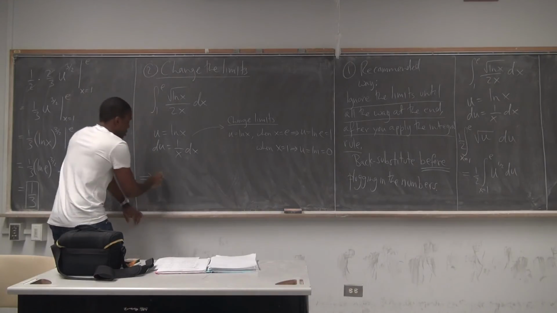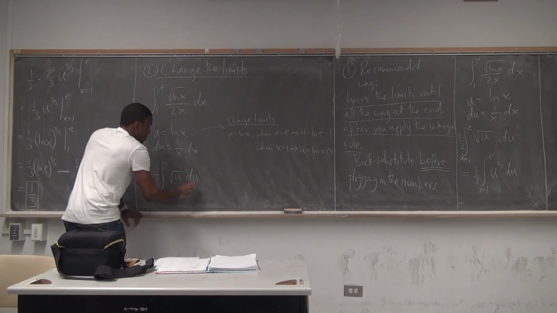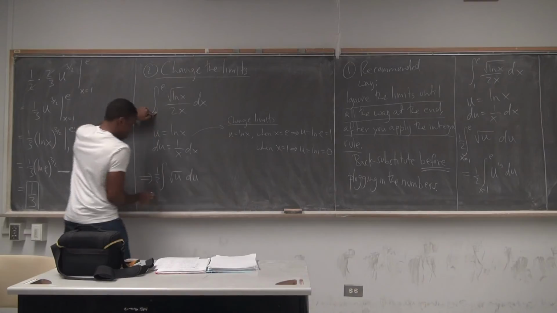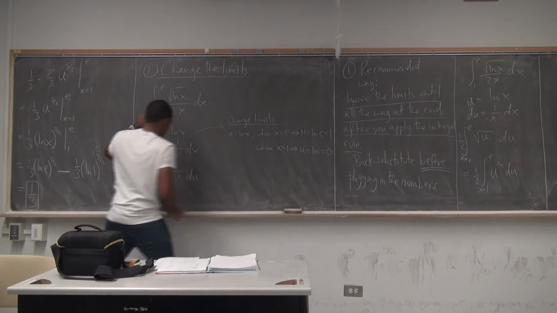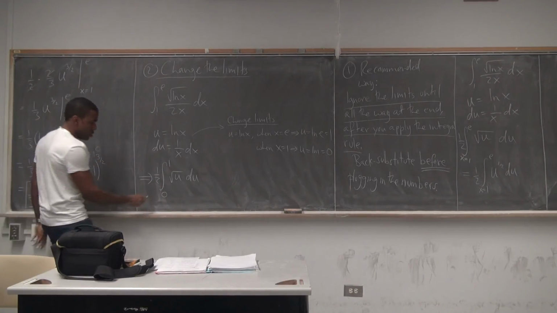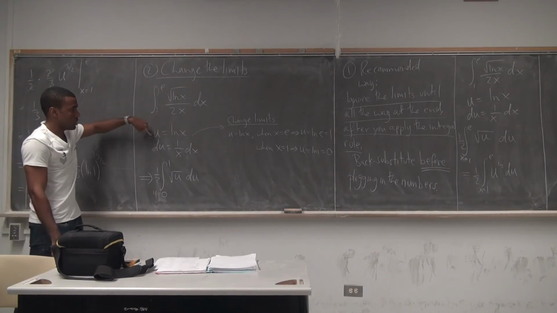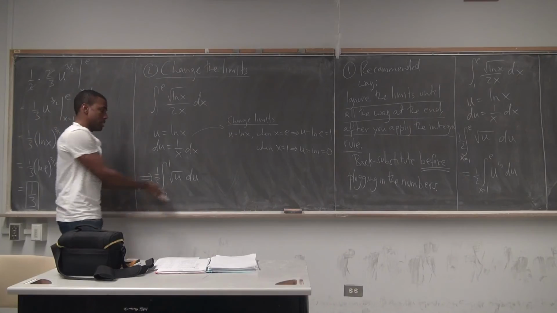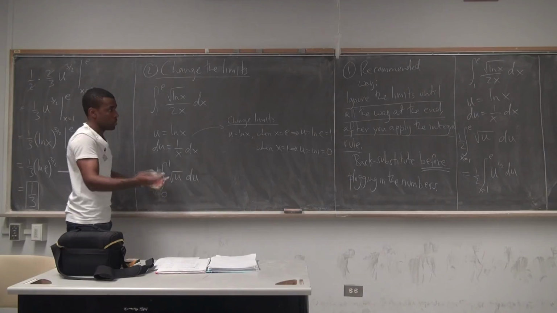And so when you do this whole substitution and you have 1/2 the radical of u du, you can replace the 1 with 0, and you can replace the e with 1. And so you have a new integral now, that these guys actually are the u variables. I just plug in the x values into this equation, solve for the u values, and I replace the limits. And then now I just forget about this problem altogether, and this is my new problem now.